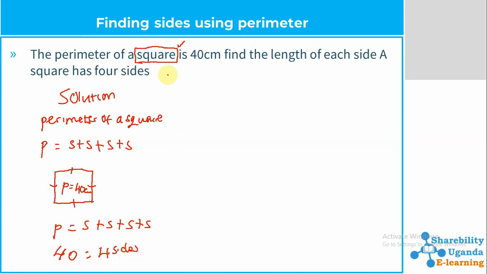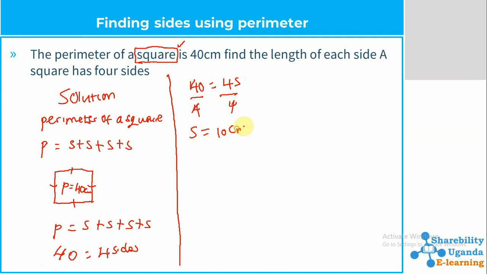So when you have 4 sides, we can now solve. Our 40 is equal to 4s, where s is the sides, then we divide by 4 because we want our sides. So our sides should be equal to 10 centimeters.